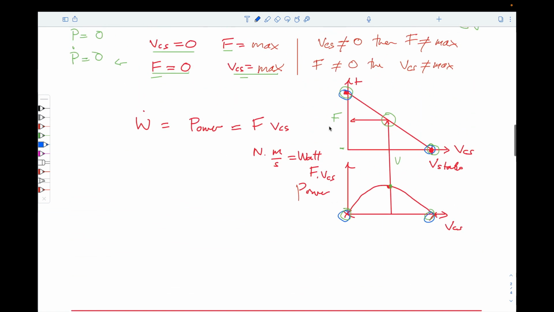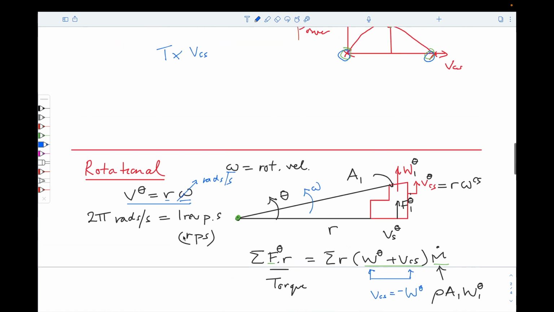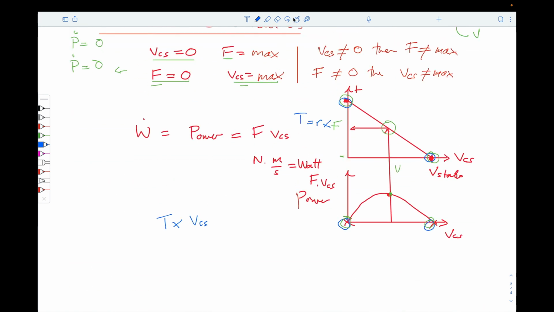exercises as before. We could multiply force by a radius, and this becomes torque. We don't have to multiply VCS by anything, but if we look at the product of torque multiplied by rotation.